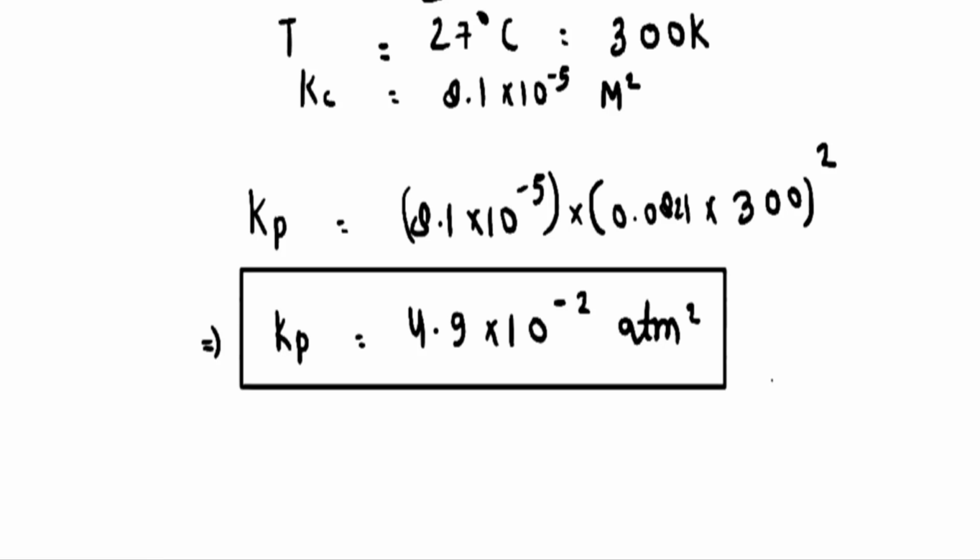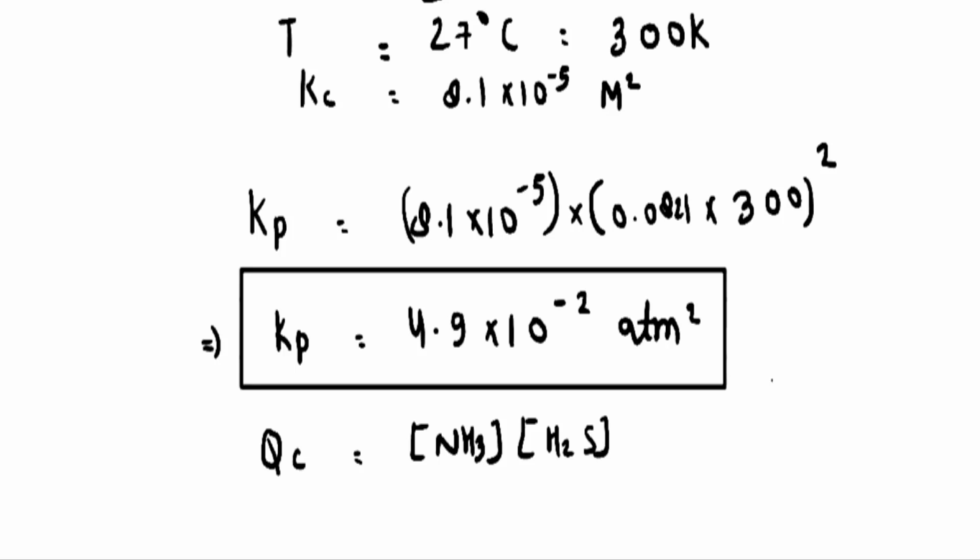Now, in the variant of the question, we have to answer what would happen to the equilibrium when more solid NH4HS is introduced into the flask. Since in the expression for the reaction quotient, Qc equals concentration of NH3 into concentration of H2S, we have no term designating the concentration of NH4HS.